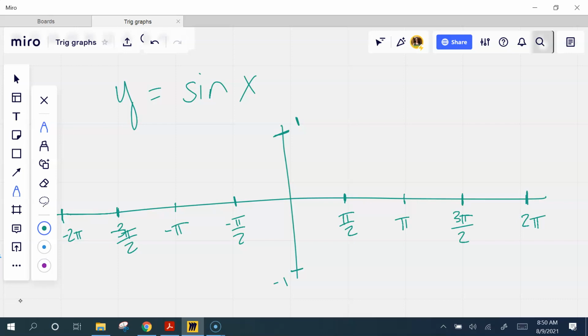Are there any places on the unit circle as you go around and around where sine is not defined? No, that's tangent. There are no asymptotes because sine is always defined, so where it says asymptotes, you can put none.